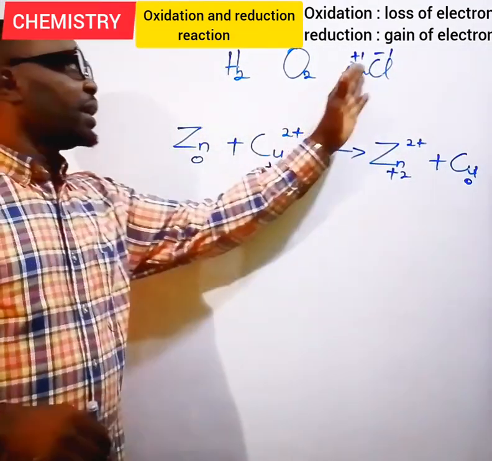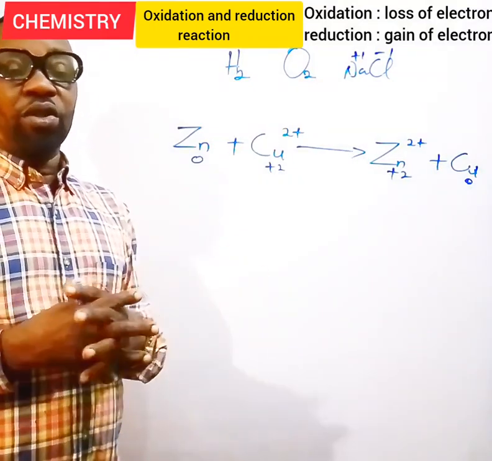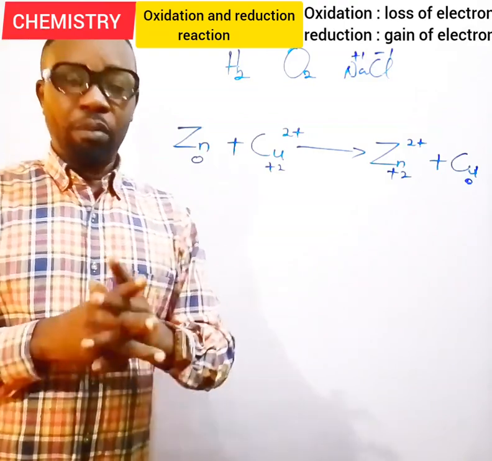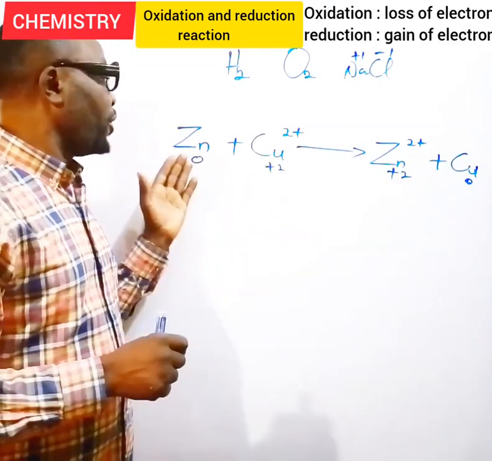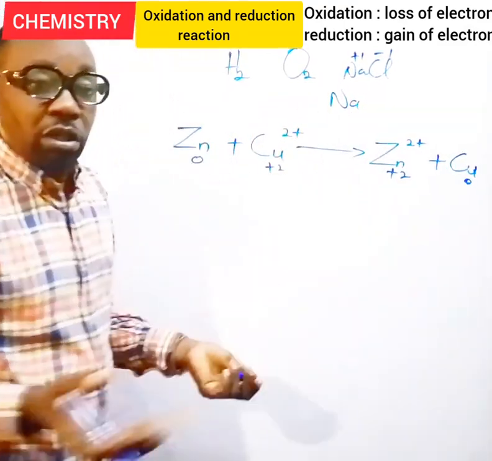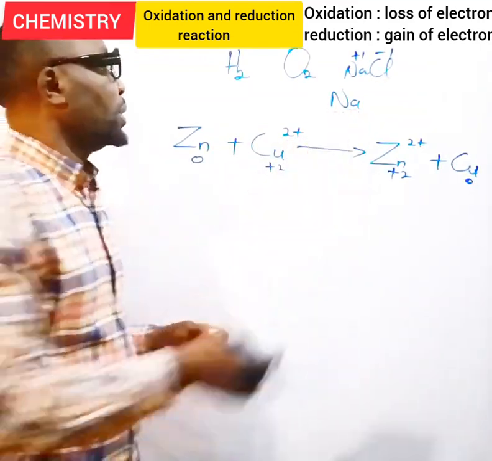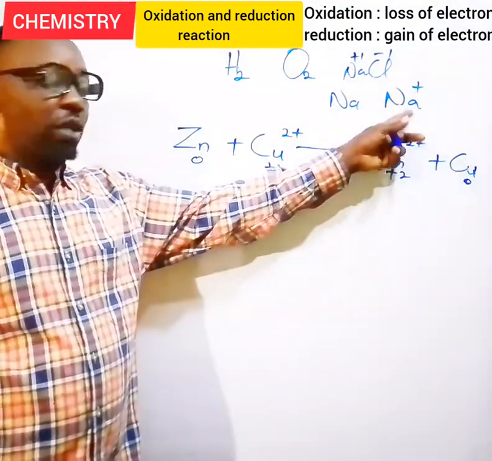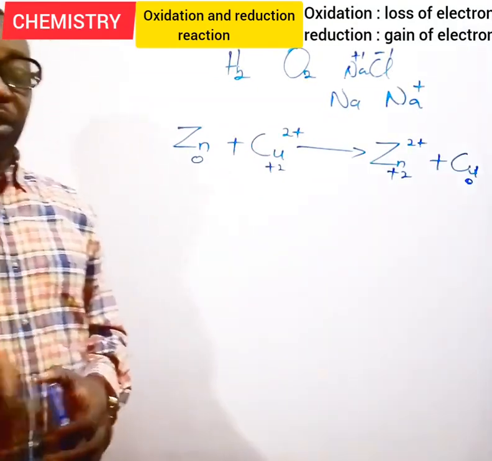Because for any compound to be formed, the addition of all those oxidation numbers must be equal to 0. That is why you have it here like that. So if sodium is occurring alone, the oxidation number of this sodium here will be 0. What if it is like this? The oxidation number of this sodium here, we are going to call it 1. I hope you are very clear with this explanation I've given you.